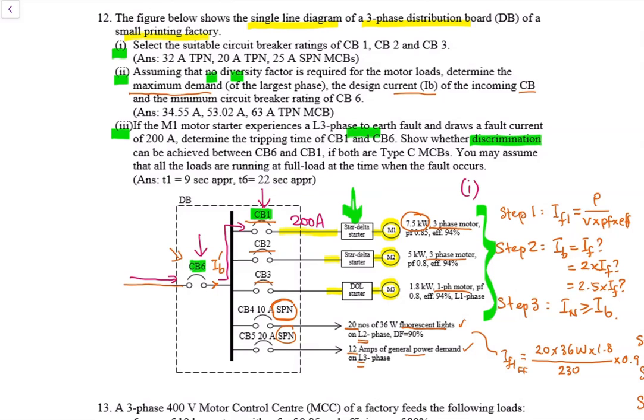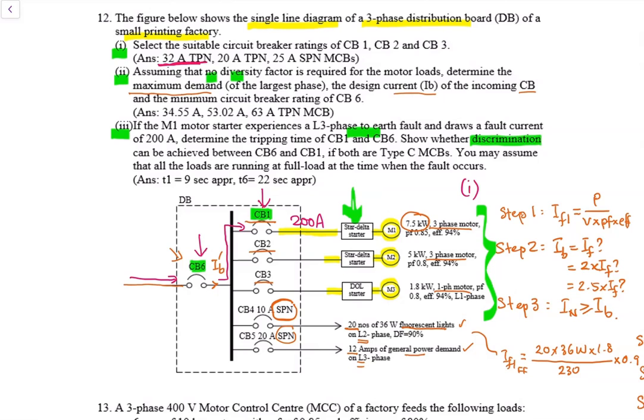Alright, so how to determine that? It's very straightforward. It's by comparing the time current characteristic curve of circuit breaker 1 and circuit breaker 6. So we remember that this circuit breaker 1, we determine the circuit breaker rating from part 1, which if you have done it, you will get this answer.